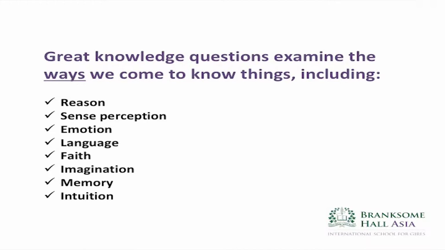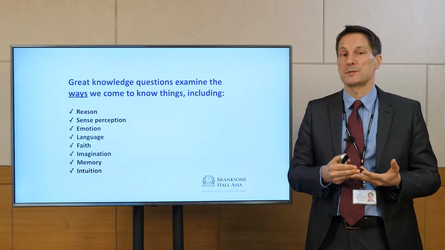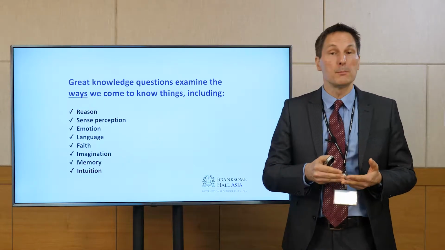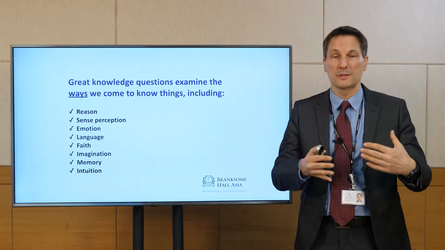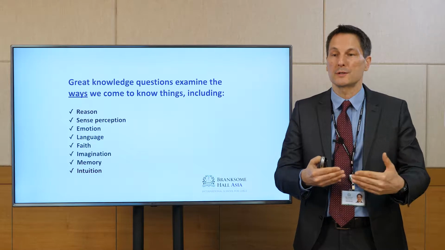And they also examine the ways that we come to know things. For example, reasoning as a way of knowing, sense perception as a way to know things, for instance, in the sciences. Emotion, we use emotion a lot in different areas of knowledge to help us understand and know new things.